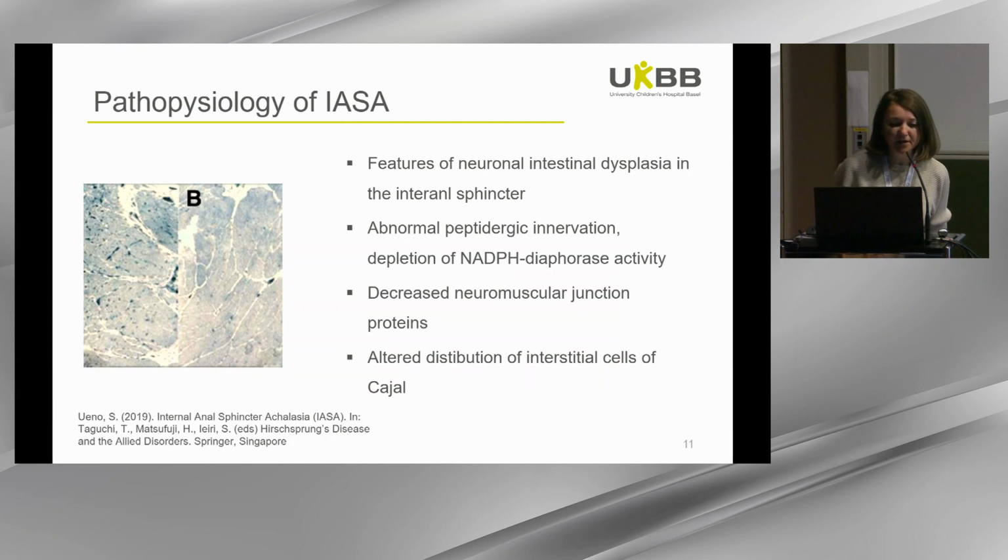And the pathophysiology of internal anal sphincter achalasia is not fully understood. We have several hints what might lead to the picture of it. And I know in adult care there's still the discussion going on whether those patients benefit from repeated Botox injection versus myectomy, but this is really for adult patients.